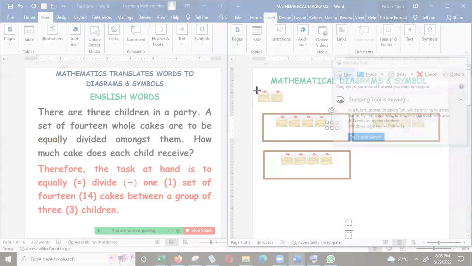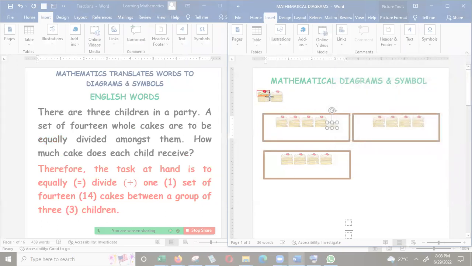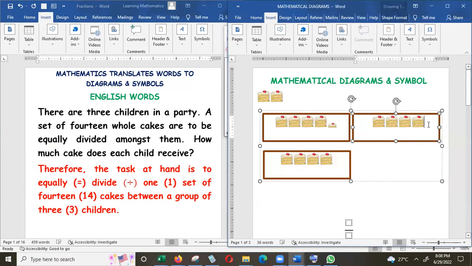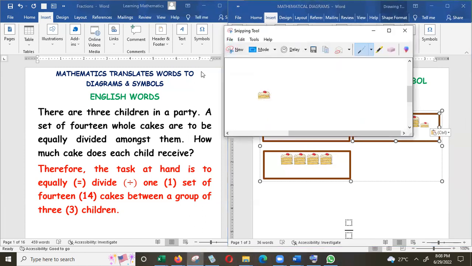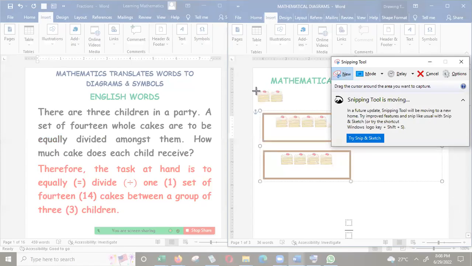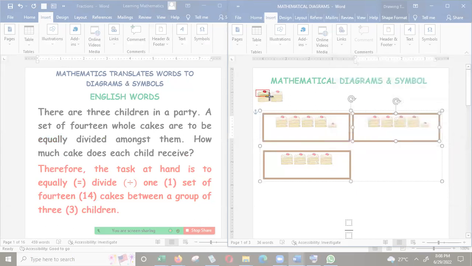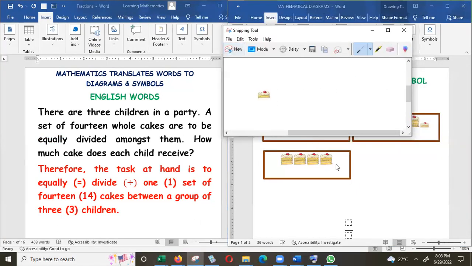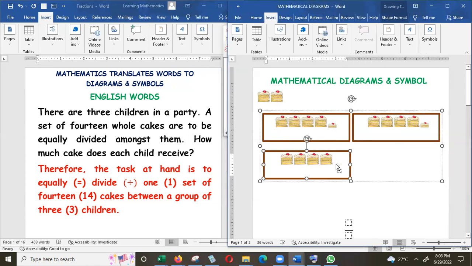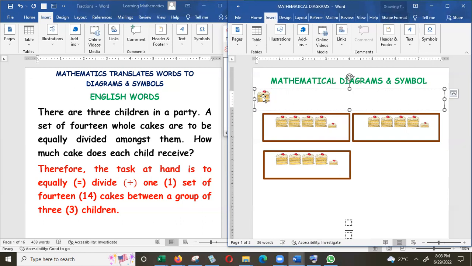So that's another 1 out of 3. And another 1 out of 3. So this cake here has been sliced into 3 equal pieces. Each child gets 1 out of 3. So 1 more cake is left, and this is going to be repeated.